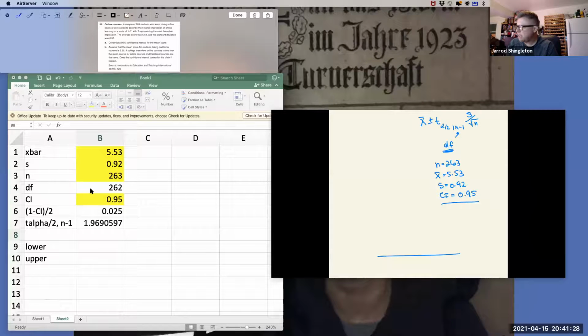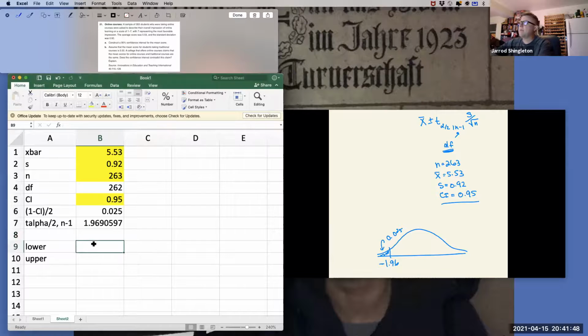This represents the area under the curve for a t distribution. That this area is 0.025. This number here is 1.96. It's actually negative 1.96, but remember I put that negative sign in front of it, so it turns it into a positive. I like dealing with positives when it comes to my confidence intervals.